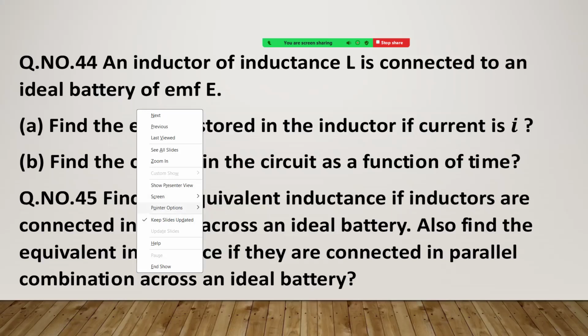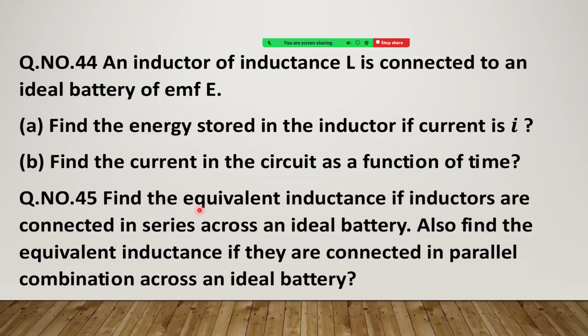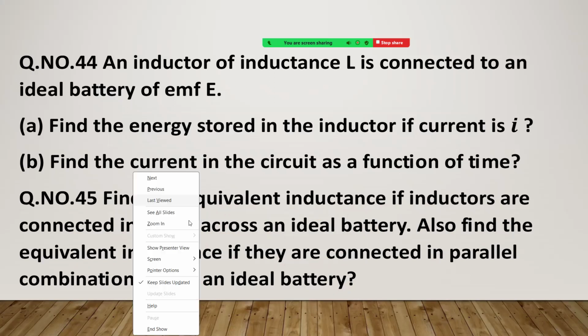Right. Coming to here. Find the equivalent inductance if inductors are connected in series across an ideal battery. Also find the equivalent inductance if they are connected in parallel combination across an ideal battery. Okay, let us see how to start.